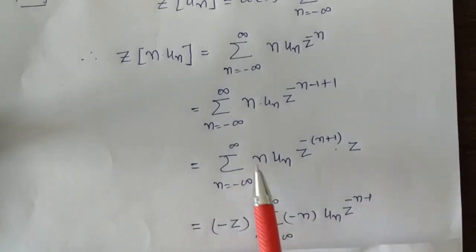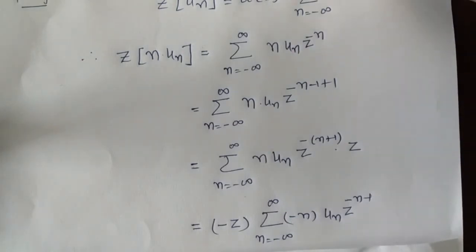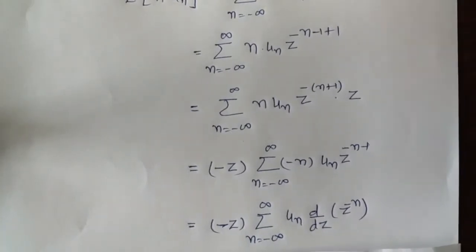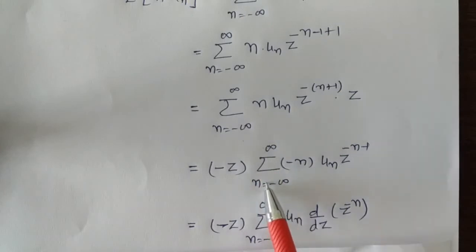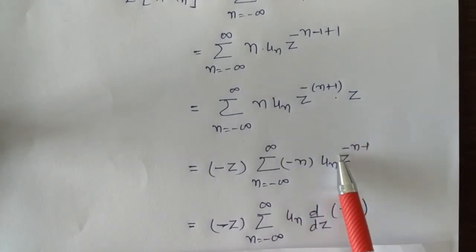Summation n goes from minus infinity to plus infinity. This n we write as minus n, then negative negative is positive, and we have z and n u_n z^(-n-1). Now we write minus z into summation n goes from minus infinity to plus infinity u_n into minus n z^(-n-1).